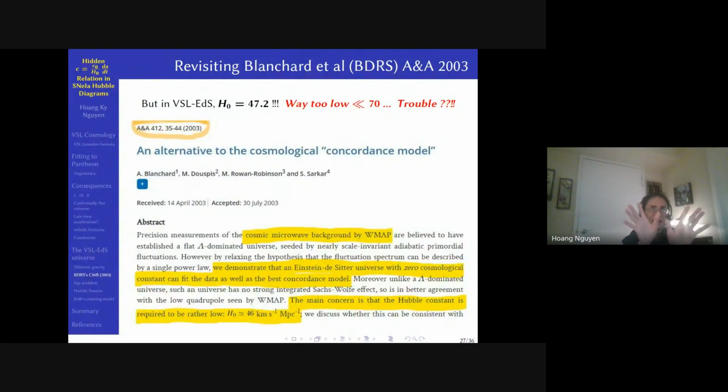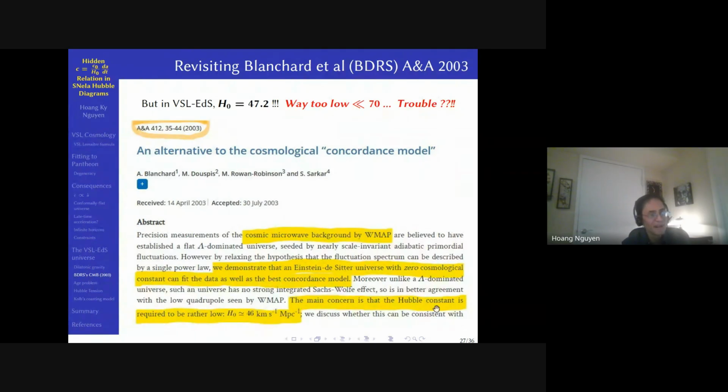But now we take the high k and low k separately, and each part is a power law separately. A very small modification. And what they found is that the Einstein-de Sitter universe with zero lambda whatsoever can fit the CMB very well. Very, very well. Even better than the lambda CDM model.